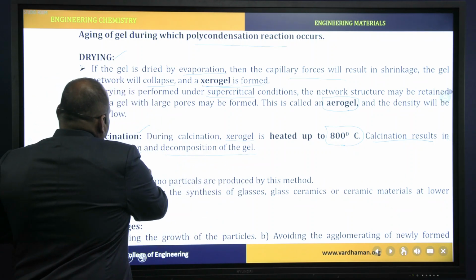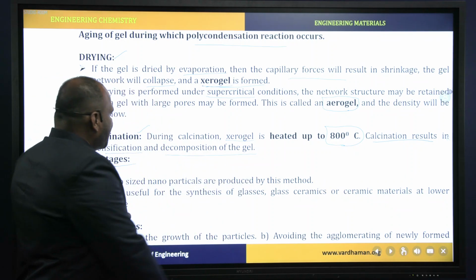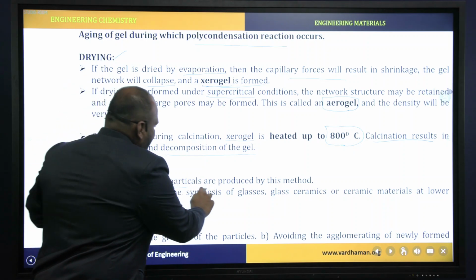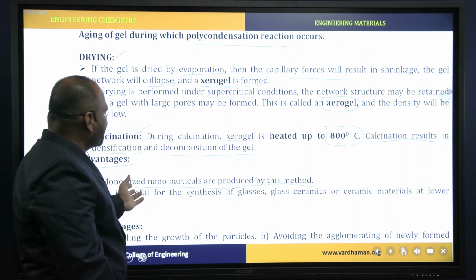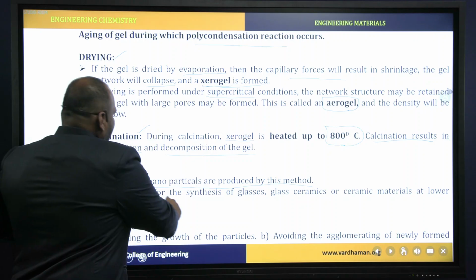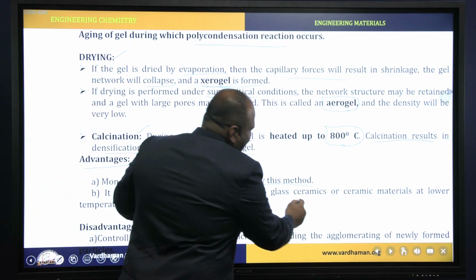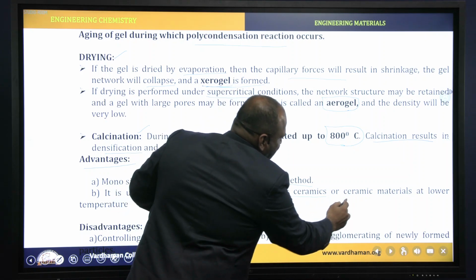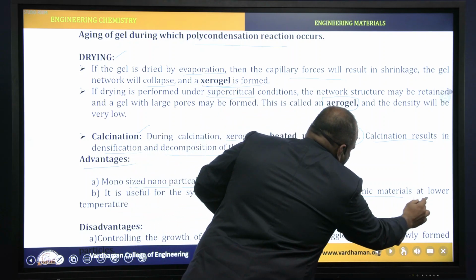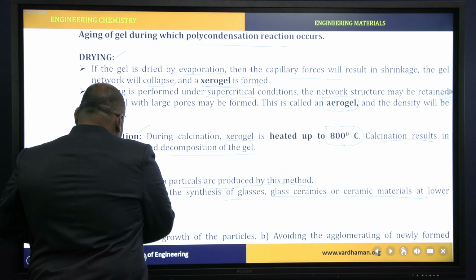Next, advantages of the sol gel method. In this method, mono-sized nanoparticles are produced. It is useful for the synthesis of glass ceramics and ceramic materials at lower temperatures.